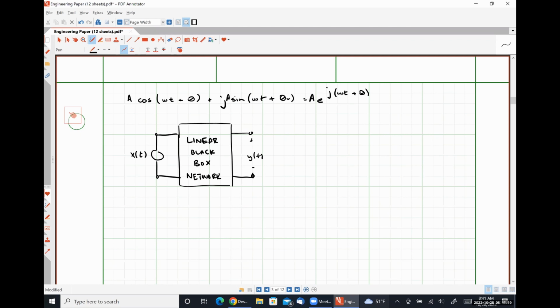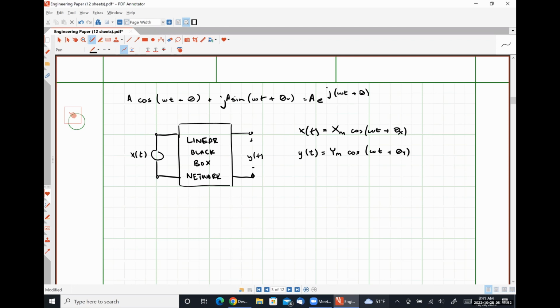We just showed that if x of t was of the form x sub m cosine omega t plus theta x, that our output signal y of t would be of the form y sub m cosine omega t plus theta y.